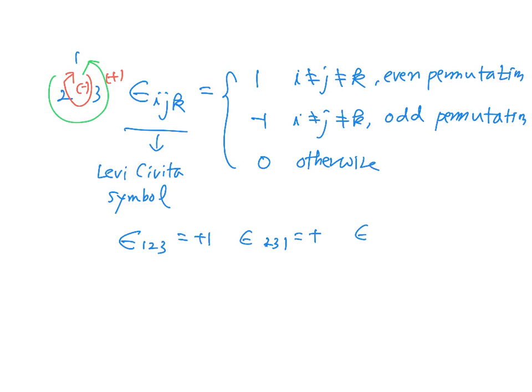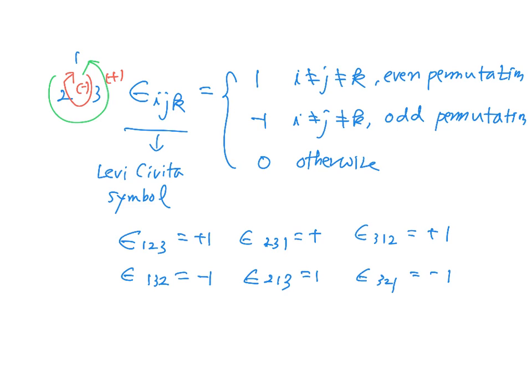Epsilon 3, 1, 2. Plus 1. Very good. Epsilon 1, 3, 2 is minus 1. Epsilon 2, 1, 3. Minus 1, right? Epsilon 3, 2, 1.